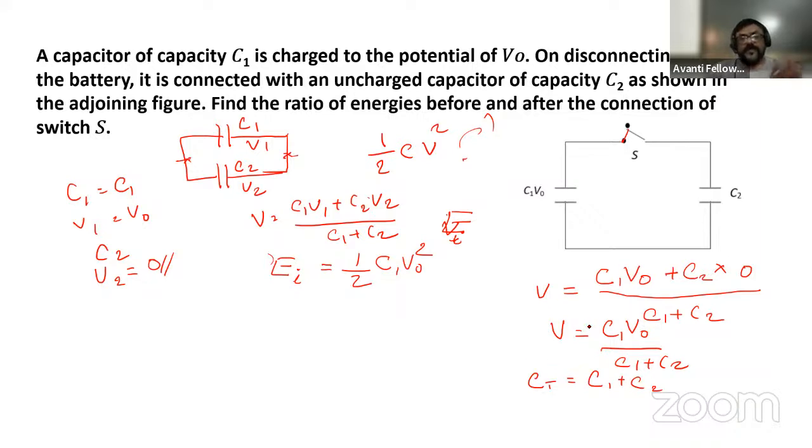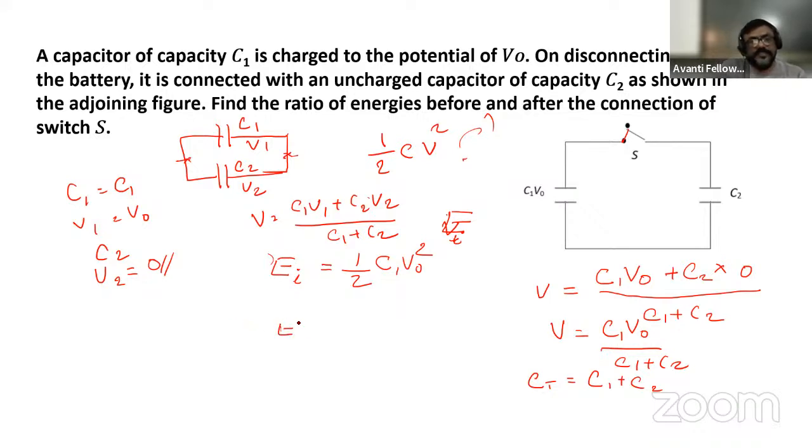This circuit is equivalent to a single capacitor of capacitance C1 plus C2, and the PD across the plates is C1 V0 divided by C1 plus C2. That is what is called effective capacitance. These two capacitors will together behave like a single capacitor whose capacitance is C1 plus C2, and the potential across the plates is C1 V0 by C1 plus C2.